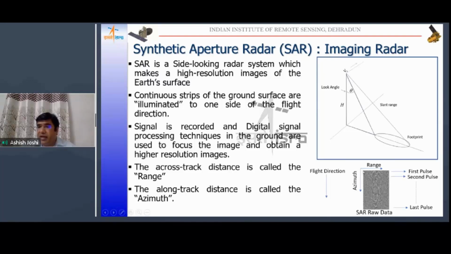It will have the received pulse of the first pulse, second pulse, third pulse, and in this way all the pulses are added. This direction is called the range and this direction is called the azimuth, and the SAR raw data will look like this.